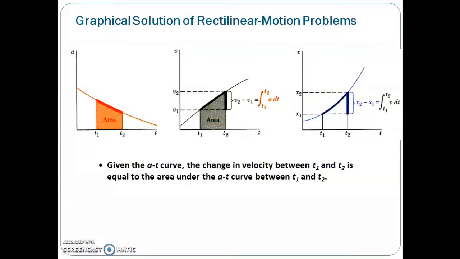In the reverse way, given the acceleration over time curve, the change in velocity between time t1 and t2 is equal to the area under the a-t curve between t1 and t2. So if you are given an a-t curve, the area under this curve over time 1 and time 2 basically gives us the change in velocity.